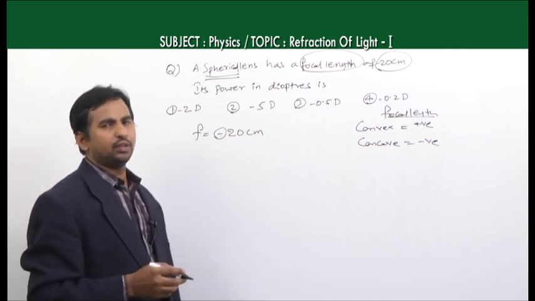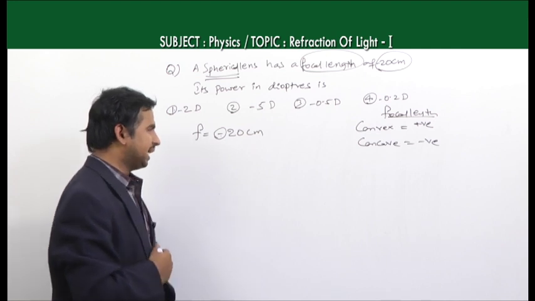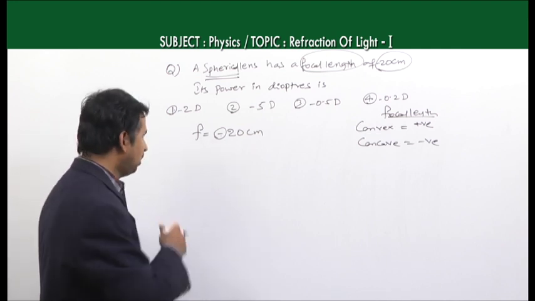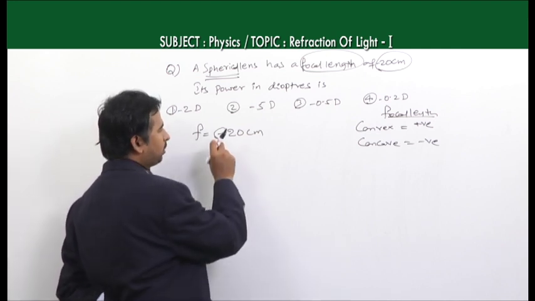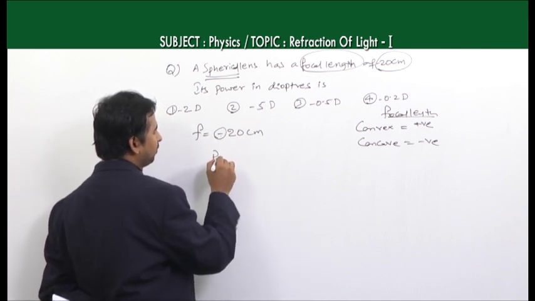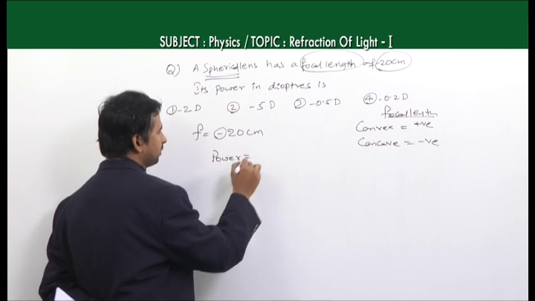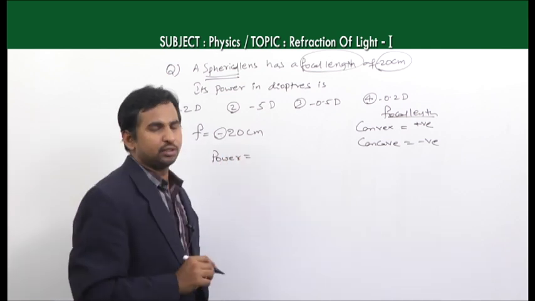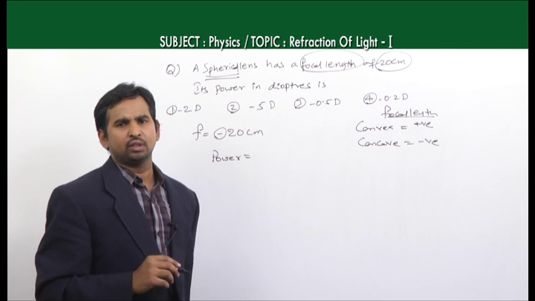And after that, the focal length is given as 20 centimeters. For this concave lens with focal length 20 centimeters, we find the power in terms of diopters. A diopter is nothing but meter inverse.